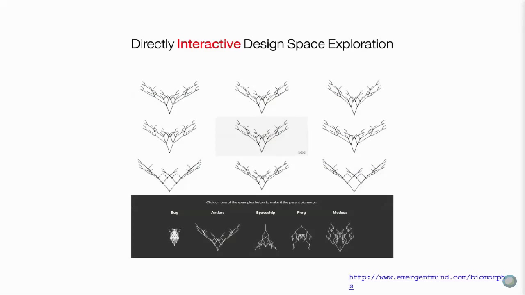We've also had interactive exploration for almost a longer time. This is a re-implementation of Richard Dawkins' 1986 design space exploration program. It was an evolutionary algorithm in which the user played the role of the fitness function. So at any point in time, one alternative instance from the EA was put at the center.